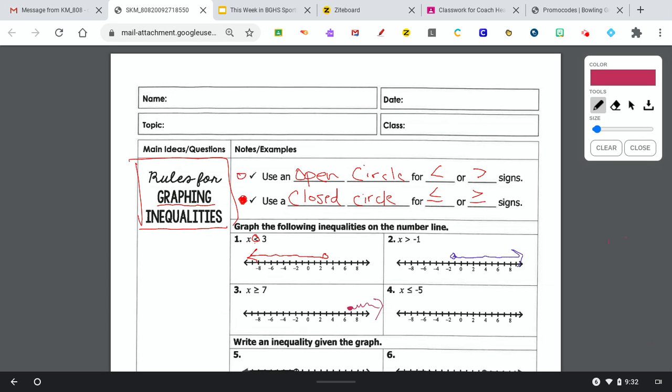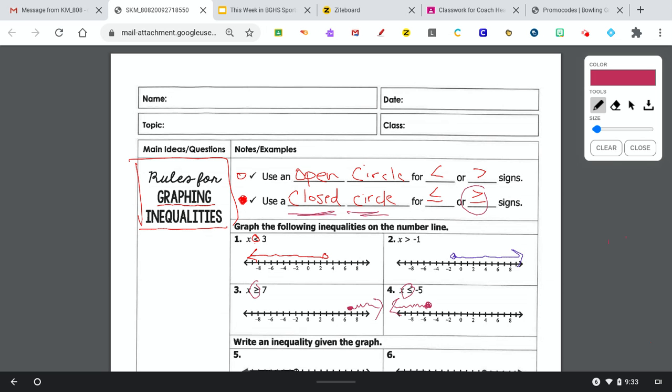So I'll draw my line to the right. And I know that it's closed because of this, the line under there. That means closed circle. Look here. It's going to be a closed circle on -5, which is right here, and it's pointing to the left. So I'm going to shade to the left.